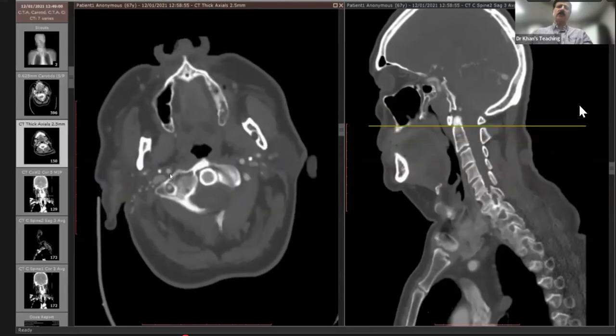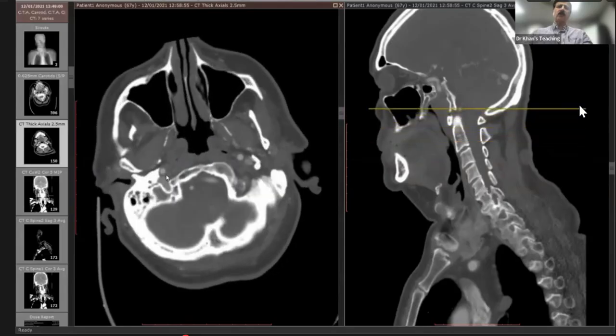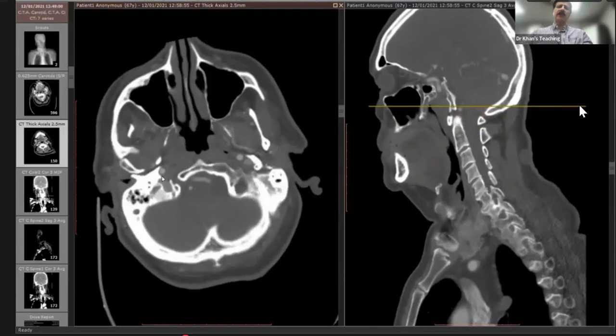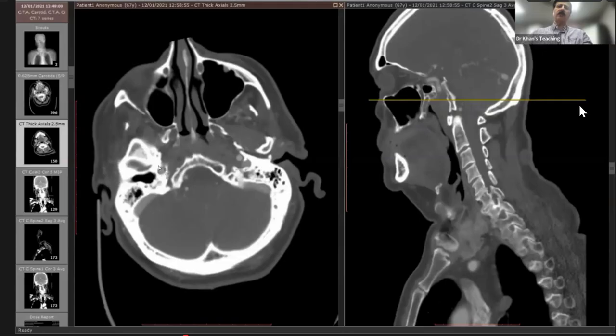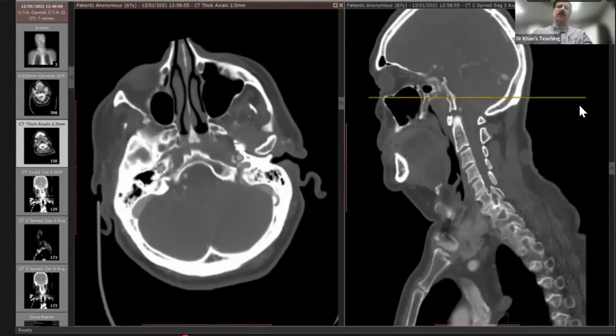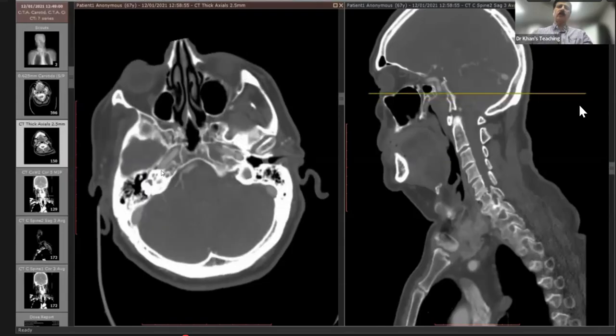Now this internal carotid artery goes superiorly and it is touching the base of skull. And here, this is the vertical portion where you can see it as a cross section, because this is the vertical portion of the carotid canal as we had described. Now you will see it will become horizontal. Now it has become horizontal.